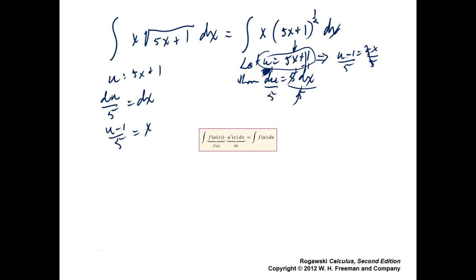There's our substitution, there's our x, and there's our dx, right? So let's write them down. We've got the integral of x. Well, x is this thing, right? So I'm going to pull the 1/5 on the outside and have a u minus 1. That's our x, right? Okay, we have a 5x plus 1. What's that?